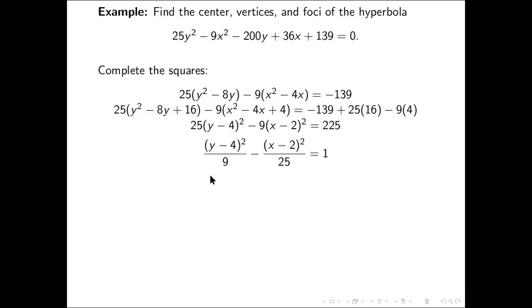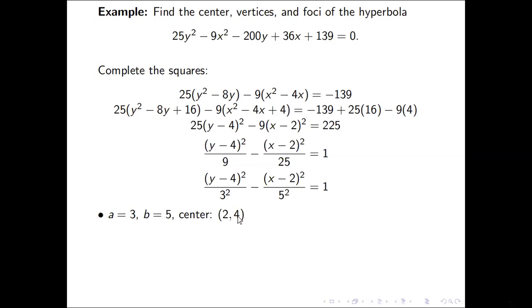So the equation tells us a lot, actually. We can tell, first of all, where the center is. So the center is at 2, 4. That is by equating each of the factors here to 0. So it should be x first, then y, h then k. So 2, 4.